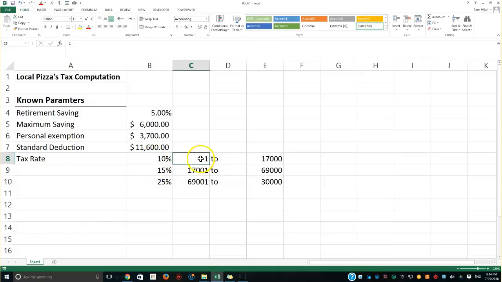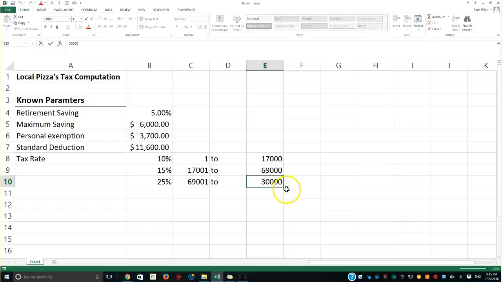The first $1 to $17,000 of their income is taxed at 10%, and from $17,001 all the way up to $69,000, they're taxed at 15%. Anything higher than $69,000 up to $300,000 is taxed at 25%.